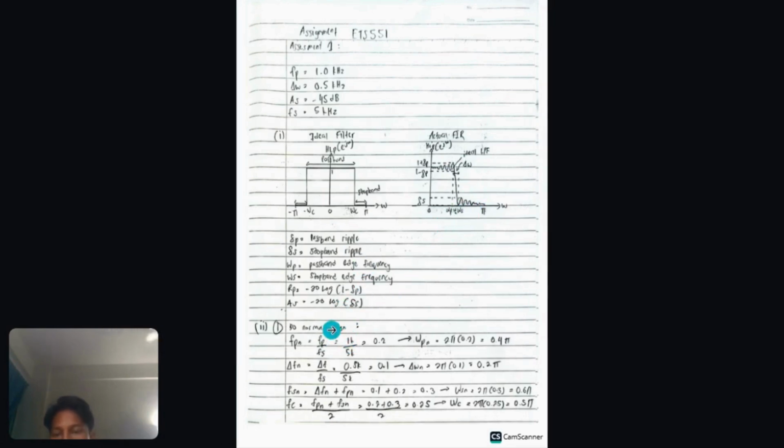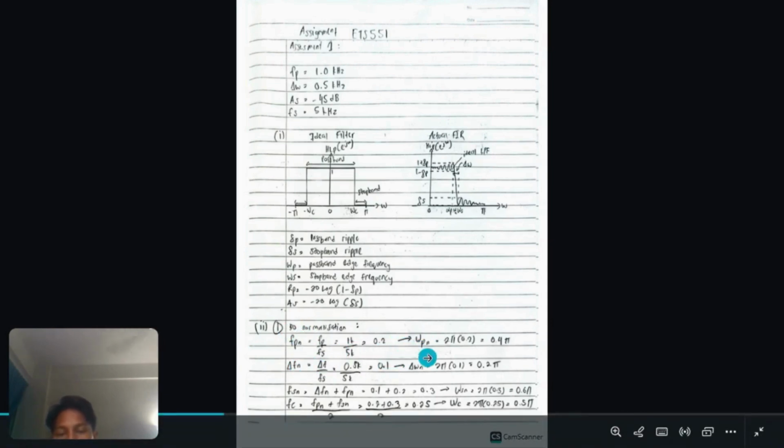And after that, for question 2, first thing first, if we want to find the coefficient, we need to do normalization, which is we need to normalize FPN, omega PN, theta FN, theta omega n, FSN, omega SN, FC, and omega FC.